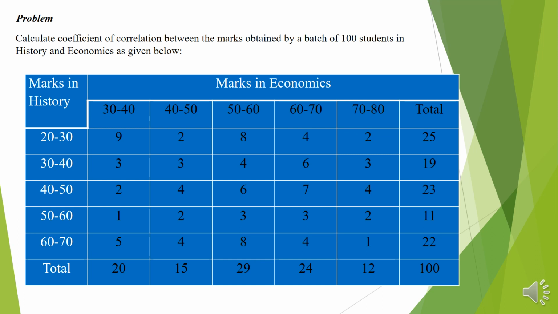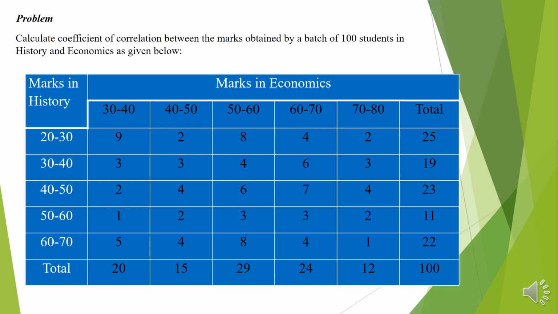The number of students who have scored between 20 to 30 in history and 30 to 40 in economics is 9. Similarly, in history 20 to 30 but in economics 40 to 50, there are 2, and in economics 50 to 60 there are 8.